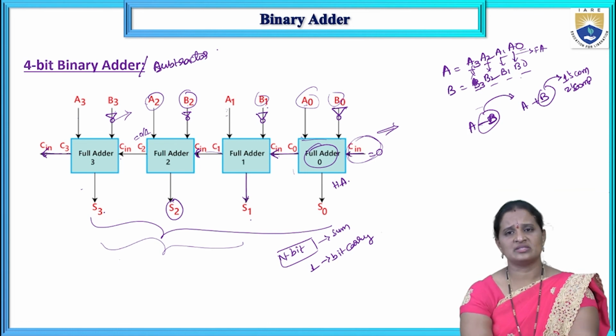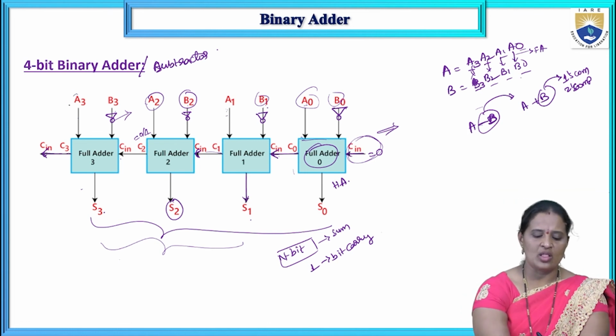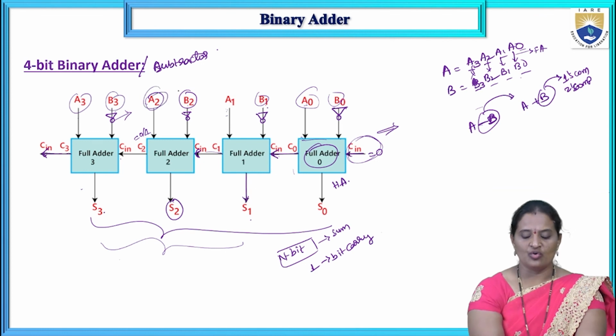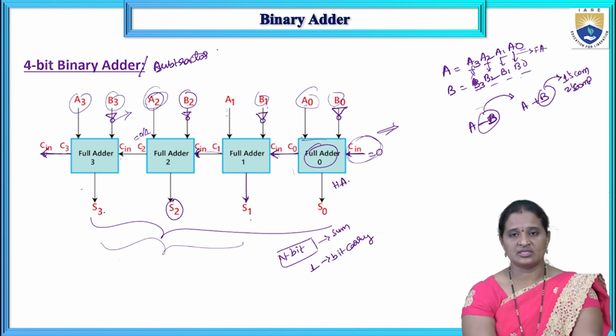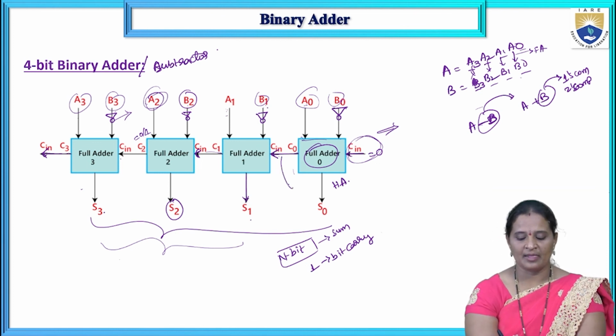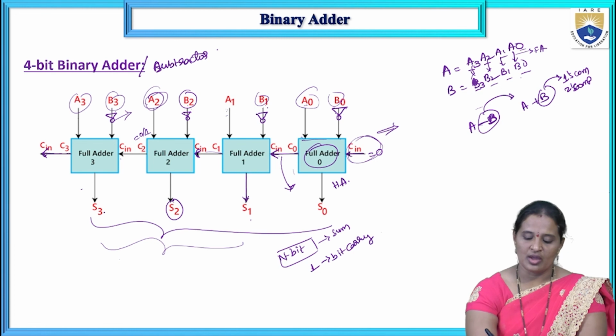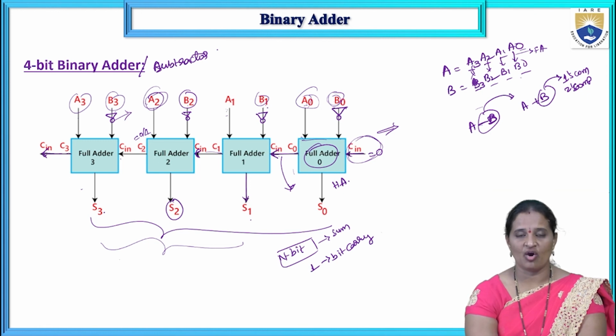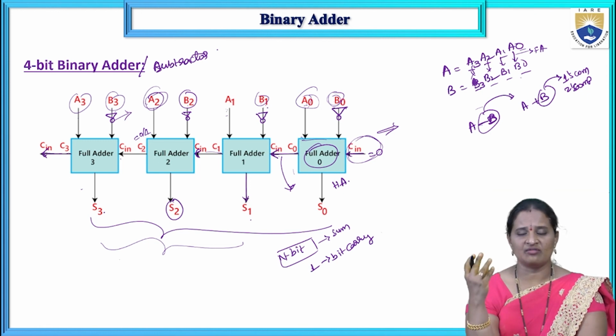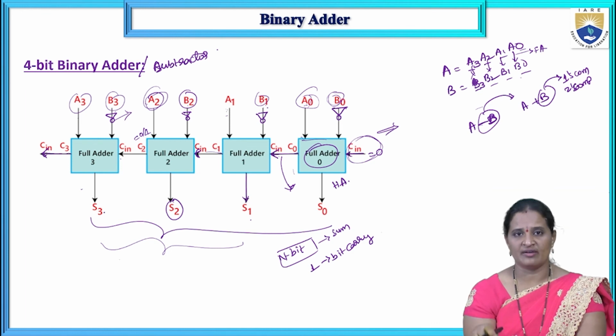So what are the drawbacks that we can observe here? Even though all the inputs are applied at a time, do we get all the sum bits at a time? No, because there is some delay due to the propagation of the carry output of one section to the carry input of the other section. Instantaneously, when we apply the input to a logic gate, it will never produce the output; it will take some time.